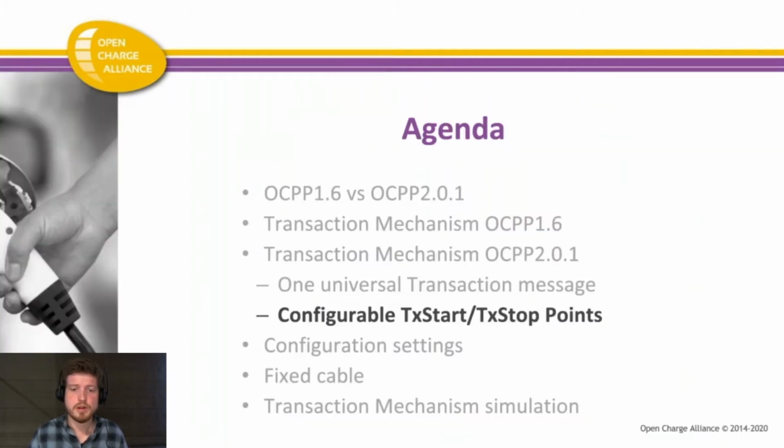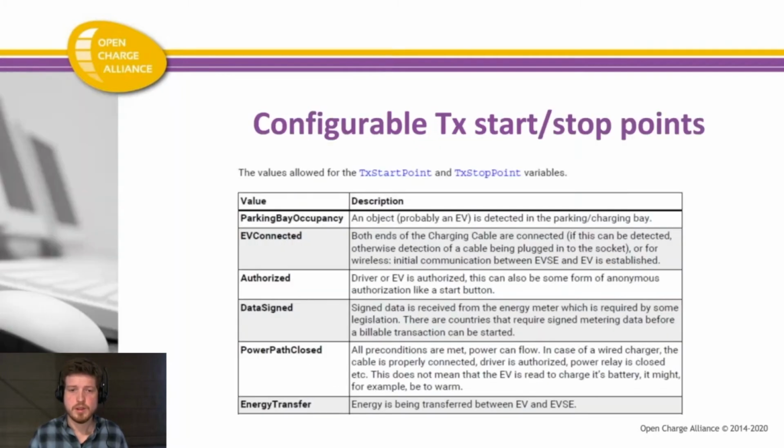Now I want to talk about the second change in the OCPP 2.0.1 transaction mechanism, and that's the configurable start and stop points. These are the start and stop points that can be configured. Multiple of these values can be configured at a time, and these values need to be viewed as a condition.